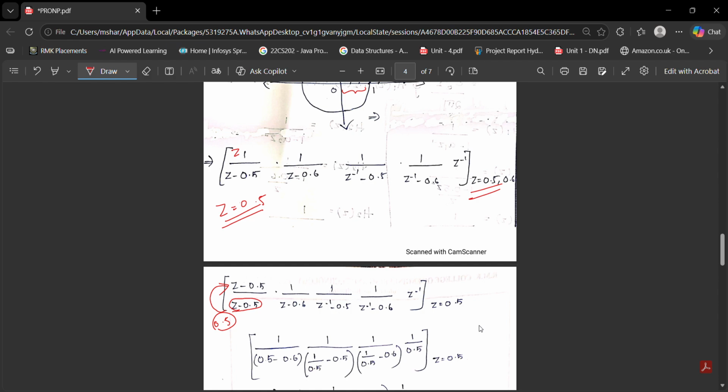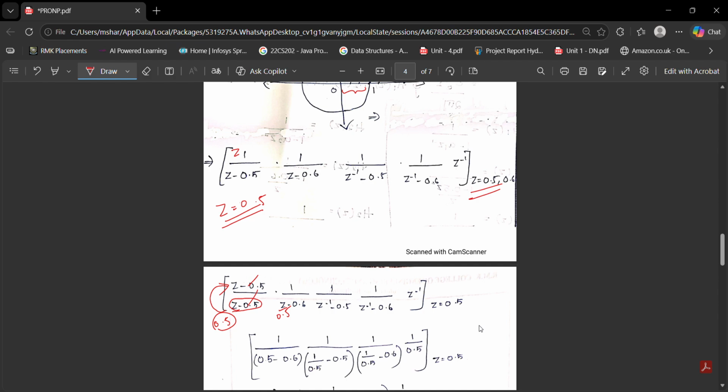That is, our ultimate aim is to cancel that factor. If z is equal to 0.5 is the residue, our aim is to cancel that factor from the denominator. So we will be placing z minus 0.5 as the numerator, so both will get cancelled. And after this, in the next step, wherever z is there, we will be placing 0.5.